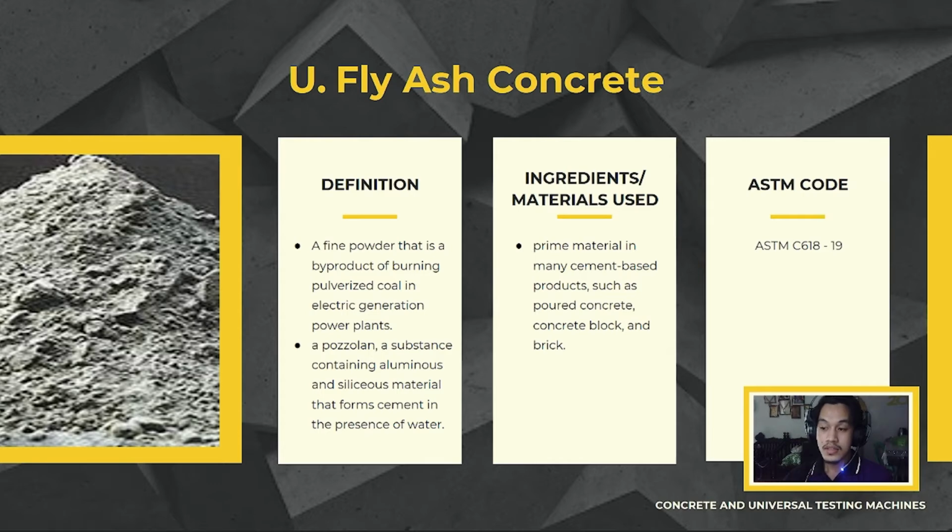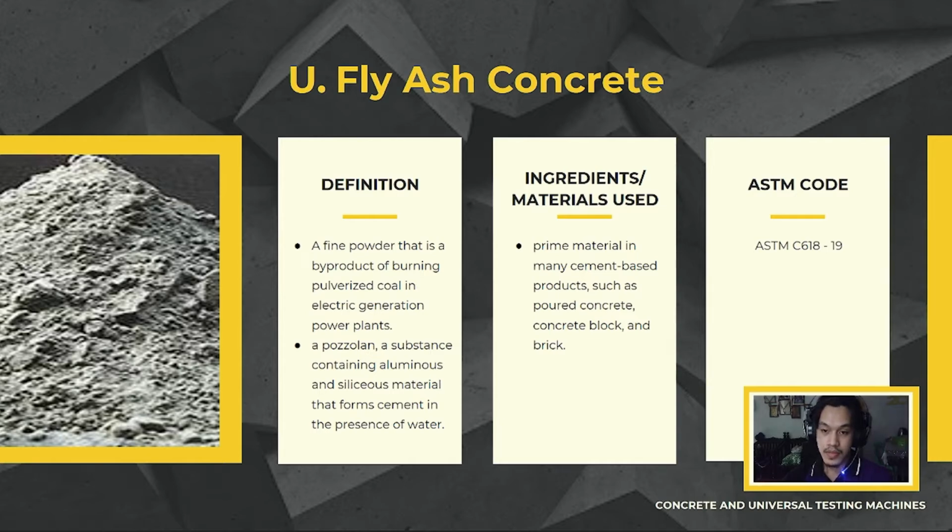Tsaka nirecognize na rin ito ng Federal Highway Administration. And bukod dun sa pagiging ideal niya, nakakatulong din to sa environment and even sa economic dahil mas nakakatipid ka, kasi nga produkto nga siya ng burning pulverized coal na galing sa electric generation power plants.